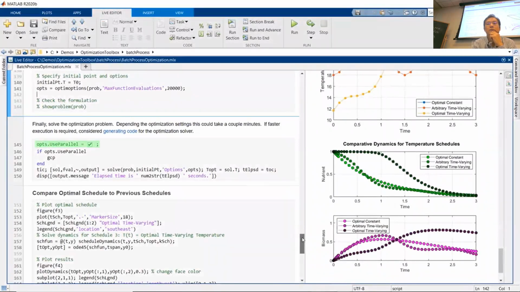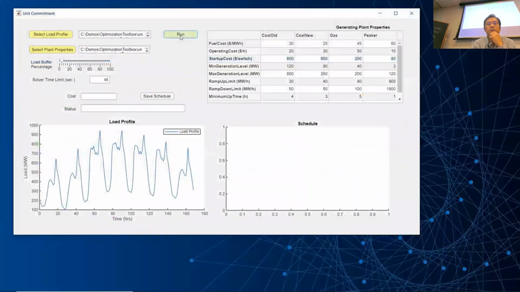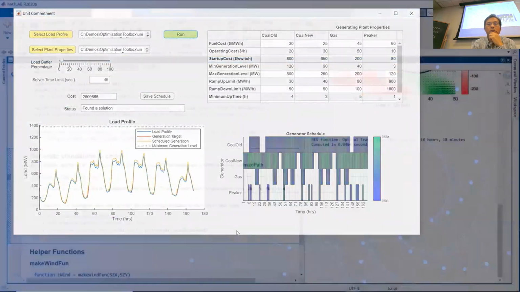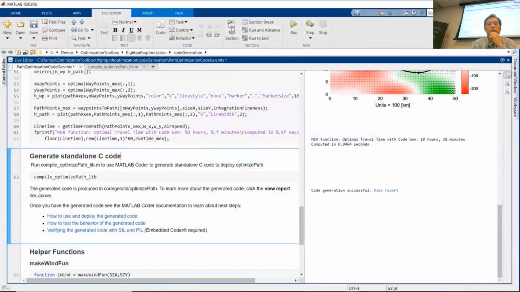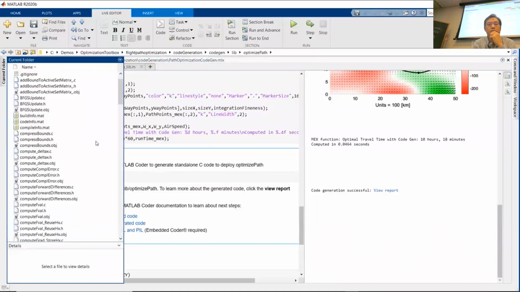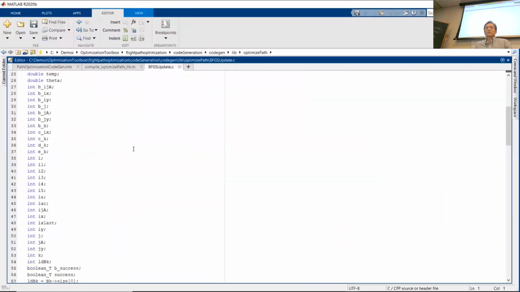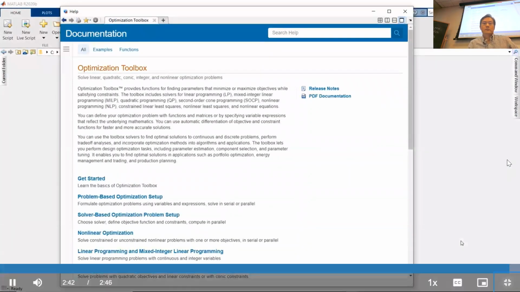You can accelerate numerical gradient calculations using Parallel Computing Toolbox. You can compile your applications into apps or libraries with Matlab Compiler and Compiler SDK. You can generate portable and readable C code to solve your optimization problems using Matlab Coder. Use this code to deploy applications to enterprise and embedded systems. For more information, return to the Optimization Toolbox page or use a link below.